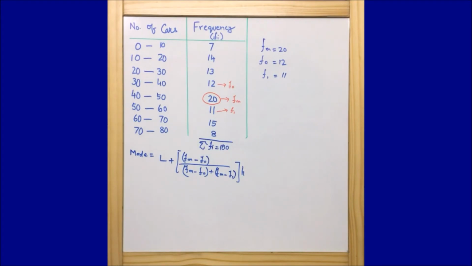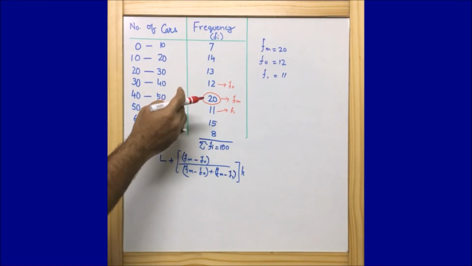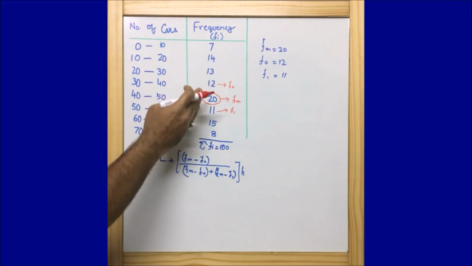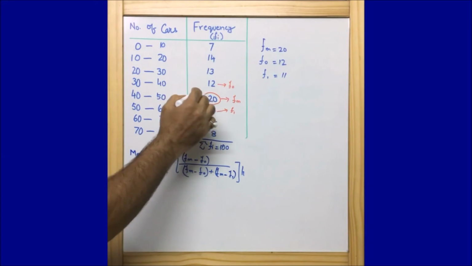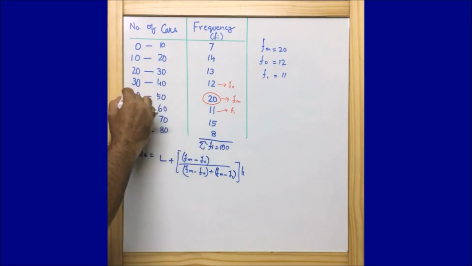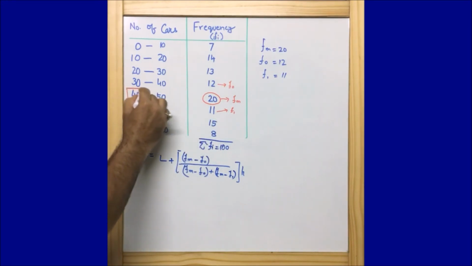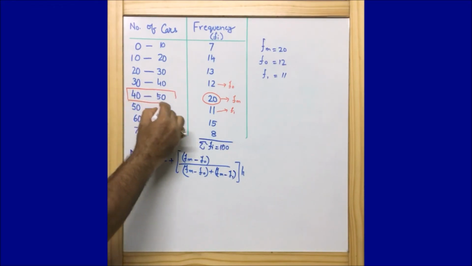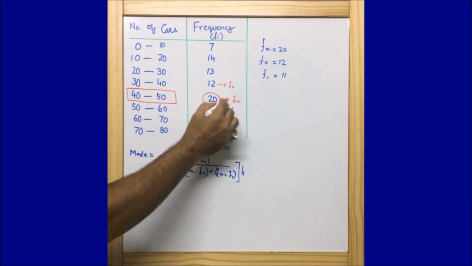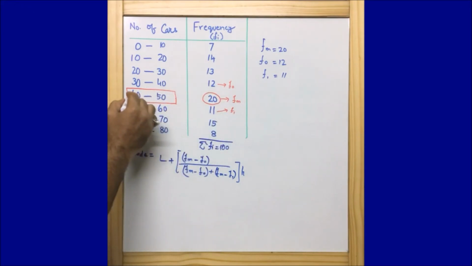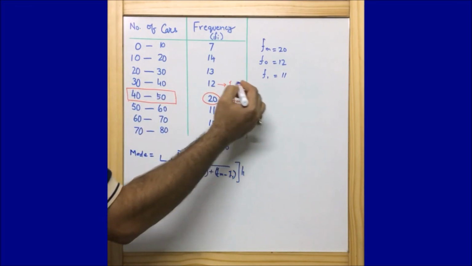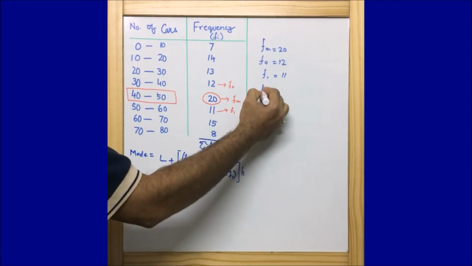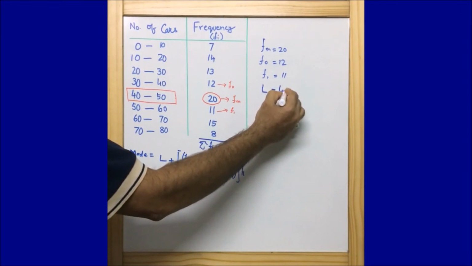L is the lower limit of the class interval which corresponds to the modal frequency. We need to focus on the class interval that corresponds to the modal frequency, and consider the lowest value of that class interval. The modal frequency here is 20, and it corresponds to the class interval 40 to 50, and the lower limit here is 40. So therefore our L is 40.